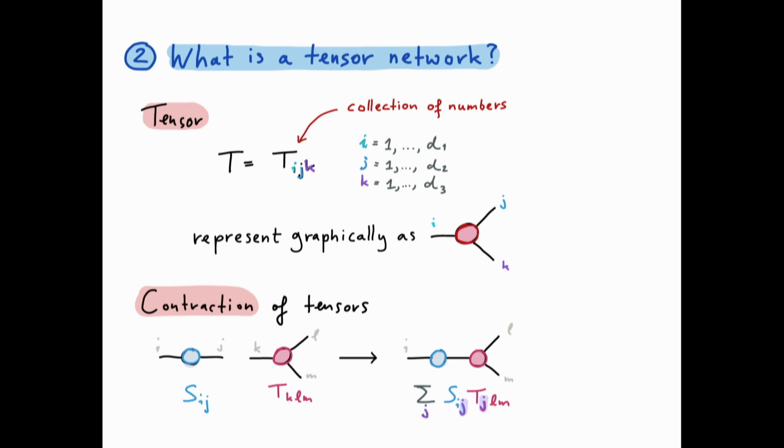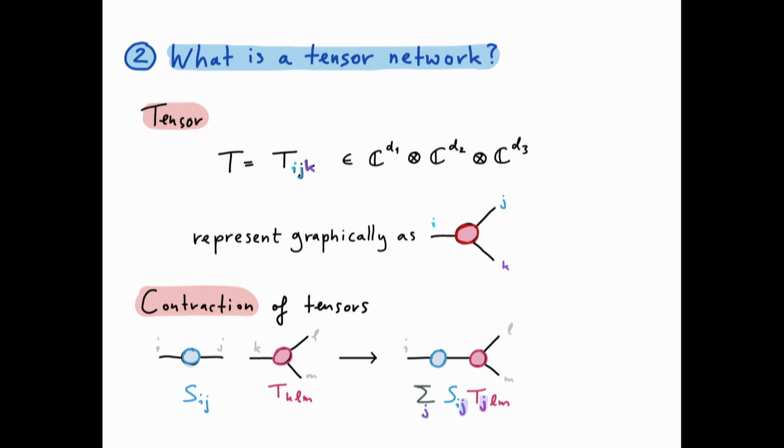A tensor network now is just the general idea of starting with a collection of tensors and contracting them according to some graph, and that leaves us with some final tensor. And a tensor is also the same as a quantum state on a number of parties that corresponds to these dangling legs. So these dangling legs, the ones that remain, represent a quantum state.